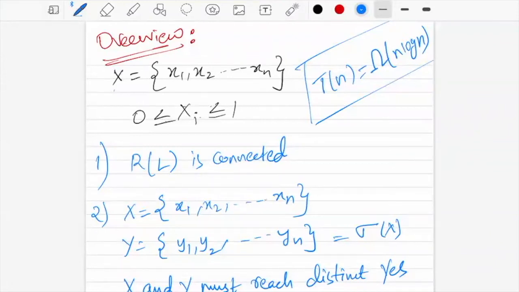Okay, so now I'm going to try to prove the main theorem, T of n equals omega of n log n, with a new approach. For my new approach, I'm taking an instance X which consists of coordinates x1, x2, till xn.